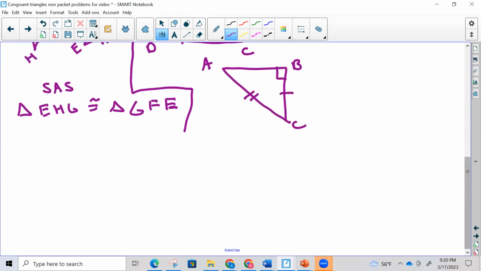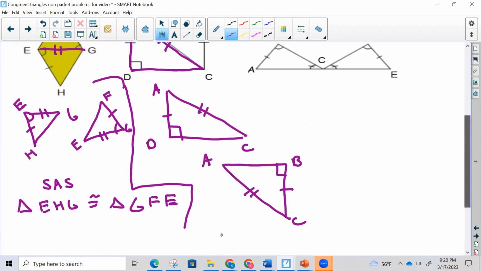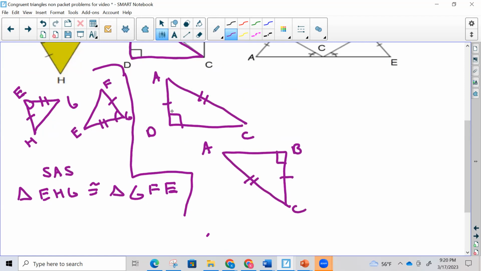So if I look at those, either the regular diagram or this one, I can say I have a right angle, and I have a hypotenuse, and a hypotenuse. I have a leg and a leg. And so this is hypotenuse leg, and I would have triangle ADC is congruent to triangle. Okay, so A is between 1 tick mark and 2 between the hypotenuse and that congruent leg, and that's where C is.